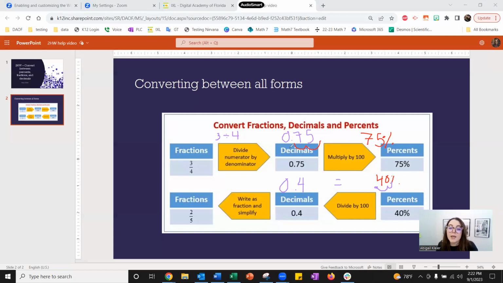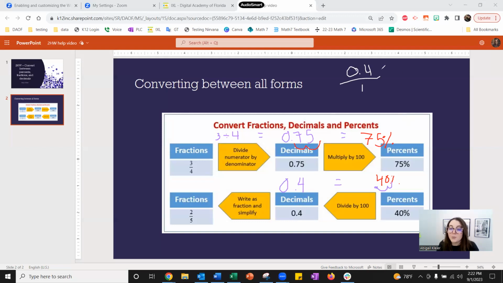Now, the last way of converting, and this is probably the trickiest one of them all, but it's okay, we can make it work, is that decimal to fraction conversion. Now, the best way to do a decimal to fraction conversion is to take the decimal, whatever it is. So in this case, we have 0.4, and put it over 1.